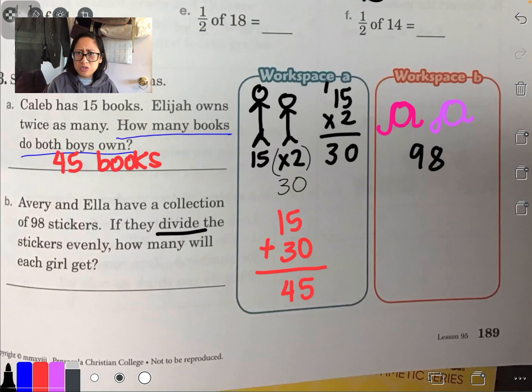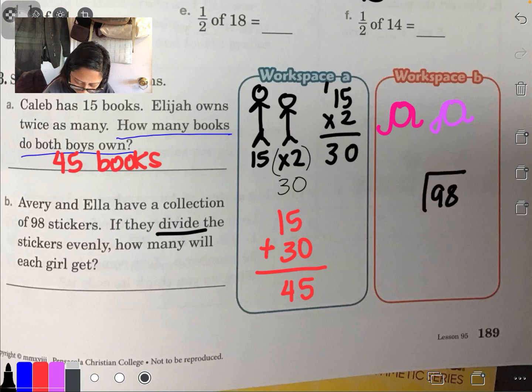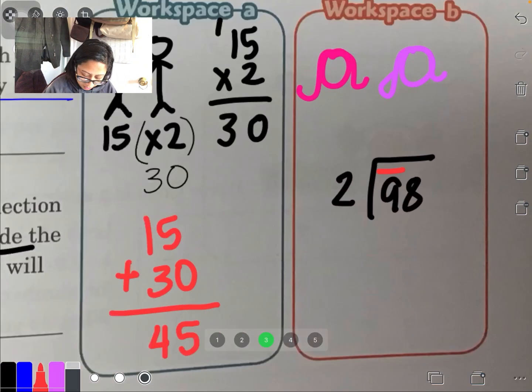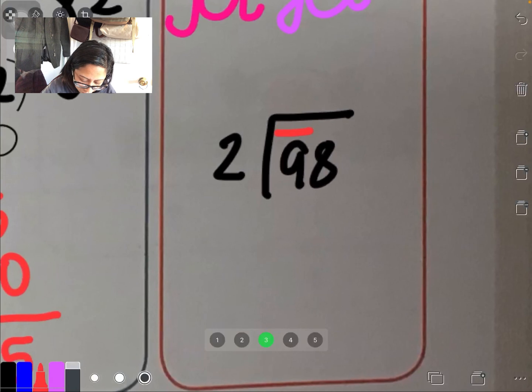They have to have the same amount of stickers. And it told us what to do already. Divide. Now, let me just erase the 98. And I'm going to do 98 divided by, what do I divide by? 2. You know why? Because they're just 2 girls, Avery and Ella. So let's divide. 9 divided by 2 is 2, 4, 6, 8.